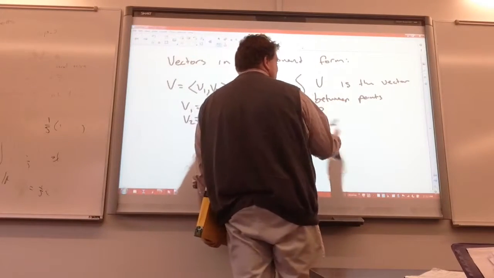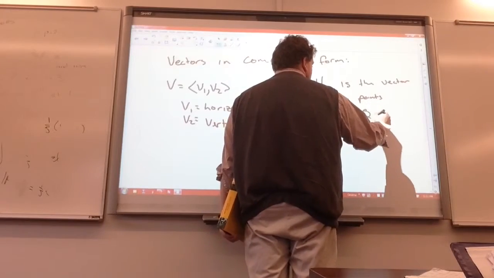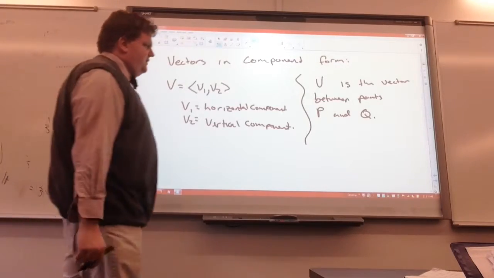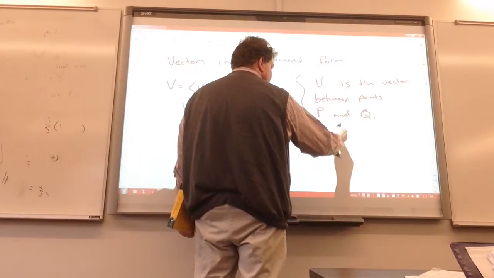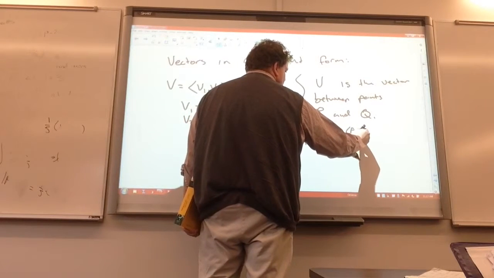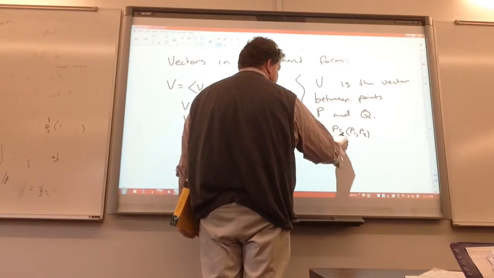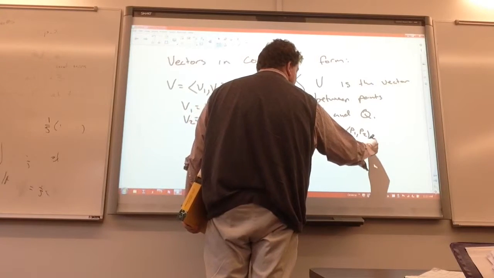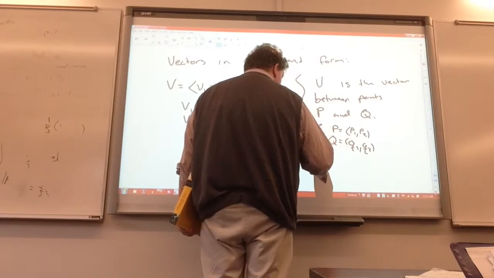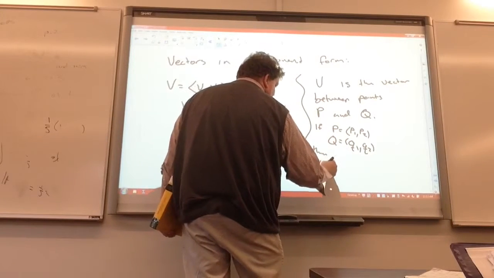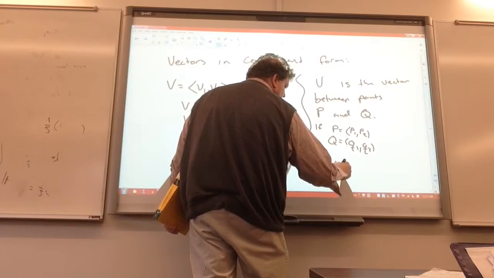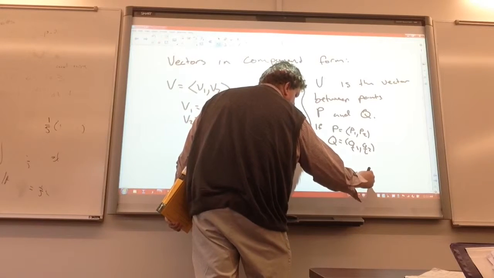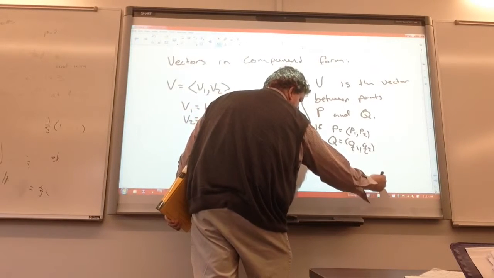Between points P and Q. And in fact, how we would typically define this is if P is the point P1, P2, and Q is the point Q1, Q2, then vector V can be written as P1 minus Q1, comma, P2 minus Q2.